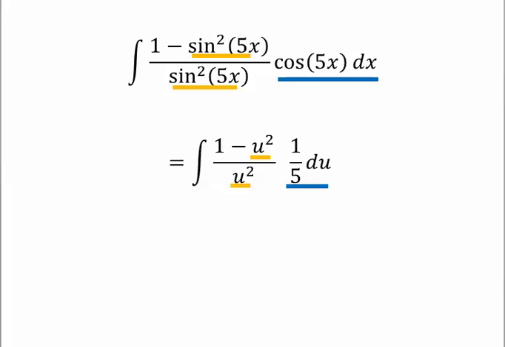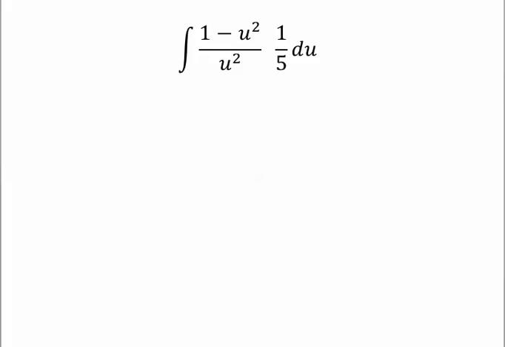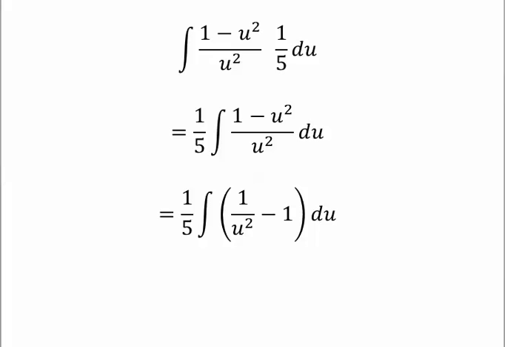When I get to here, then it's fairly straightforward calculus 1 work. I'm going to pull out the 1/5 and then rewrite the integral in this manner. And I'm working my way to using the power rule.